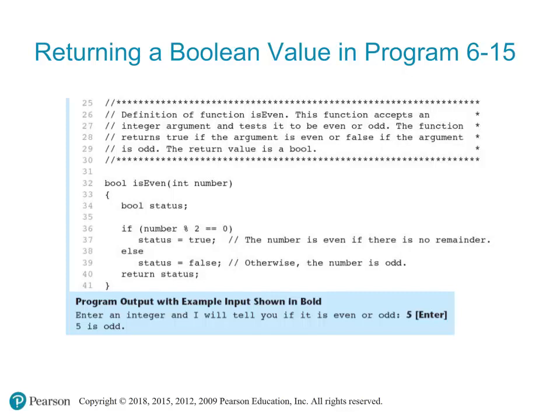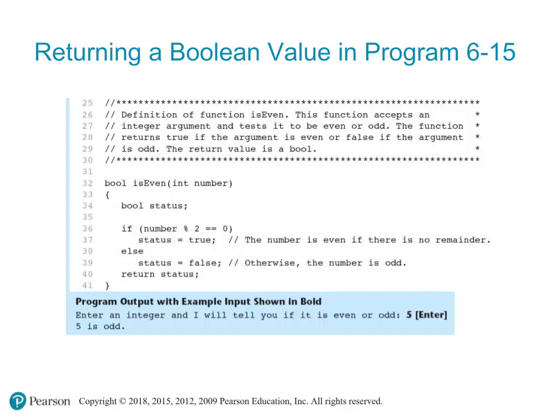In the function definition, the function isEven is defined to take an integer parameter called number. It returns a Boolean value, B-O-O-L, which is stored in a variable named status. Inside the function, an if statement checks whether the number is even or odd by using the modulus operator.